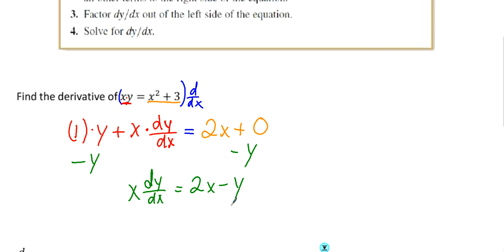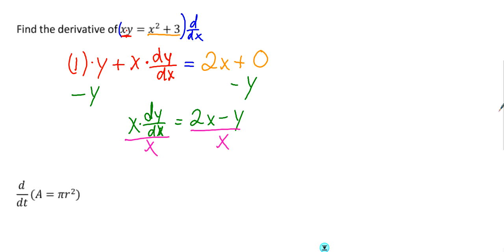And again, we're trying to isolate our dy over dx, which means instead of multiplying by x, we're going to divide both sides by x. So divide this by x and divide that by x. And that will give me my derivative, dy over dx equals 2x minus y over x.